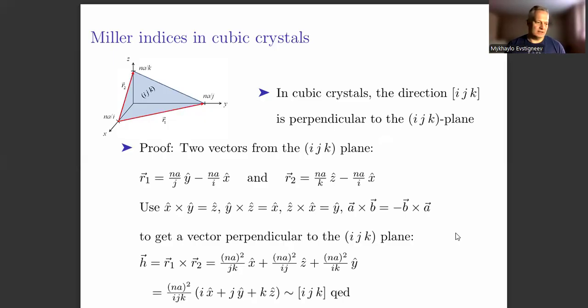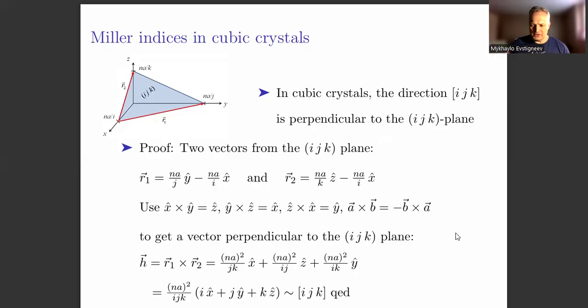But instead, conventionally, everybody uses the intercept method. And for a general lattice and any non-cubic lattice, the Miller indices of a vector perpendicular to the plane and the Miller indices of the plane itself are different. They are not the same. However, for cubic lattices, and only for cubic lattices, they are the same.